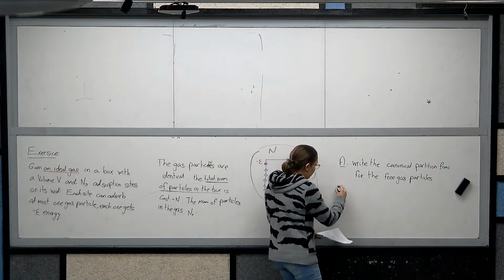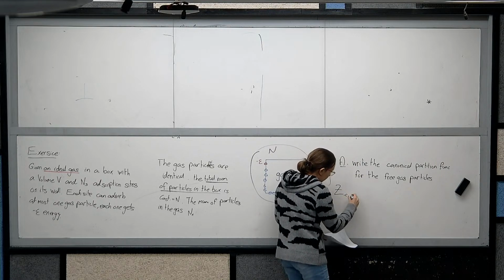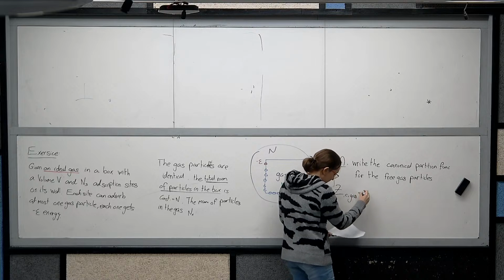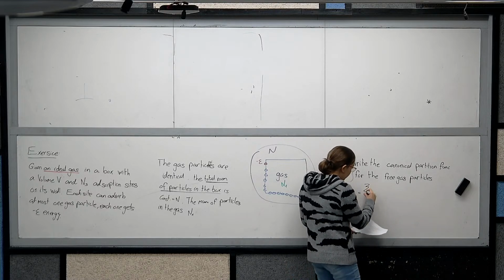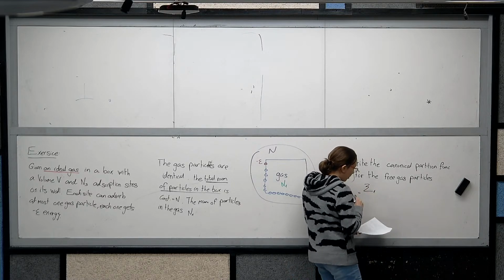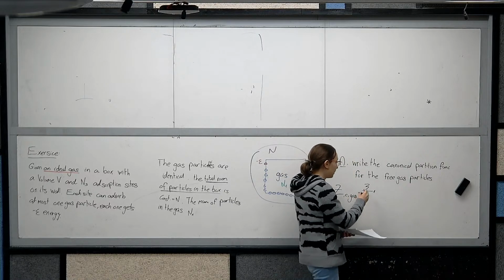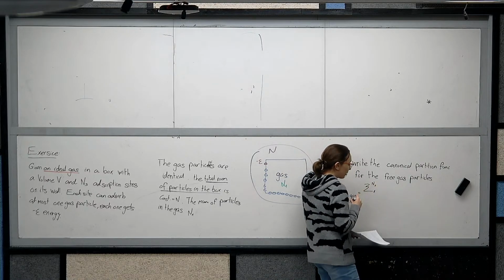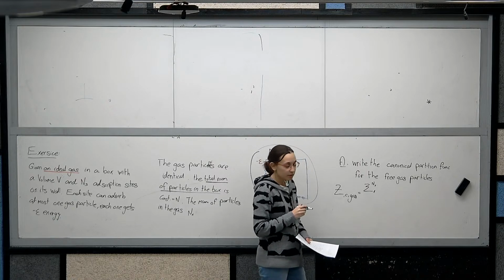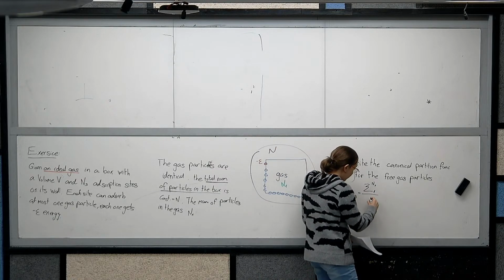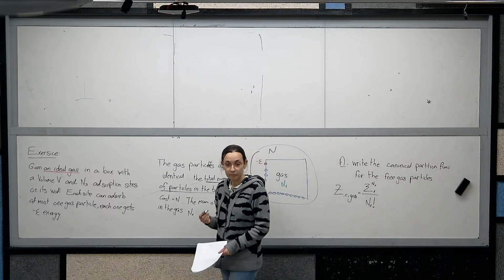We know that the canonical partition function for the gas equals the subsystem partition function for one particle in the gas, to the power of the number of particles in the gas, divided by n1 factorial because the particles are identical.